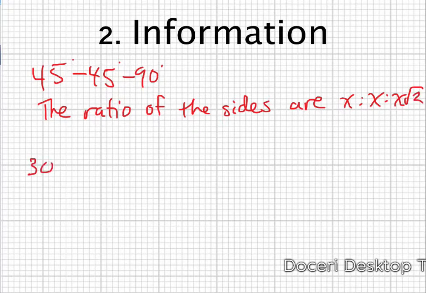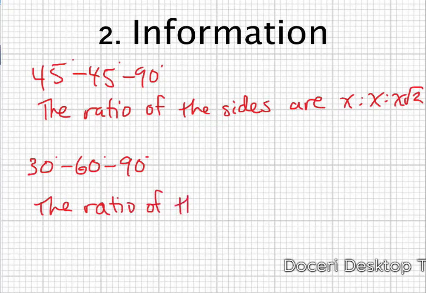And for a 30, 60, 90 triangle, the ratio of the sides are going to be x, x square root of 3, 2x.